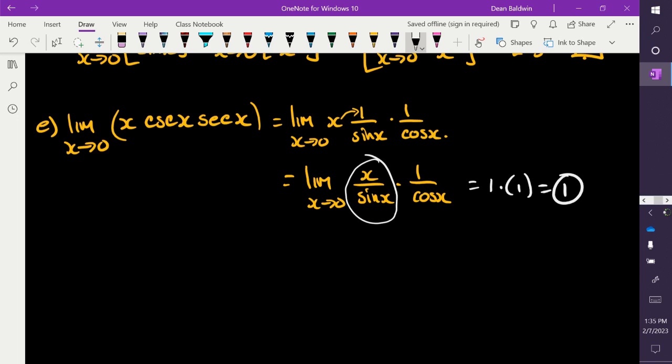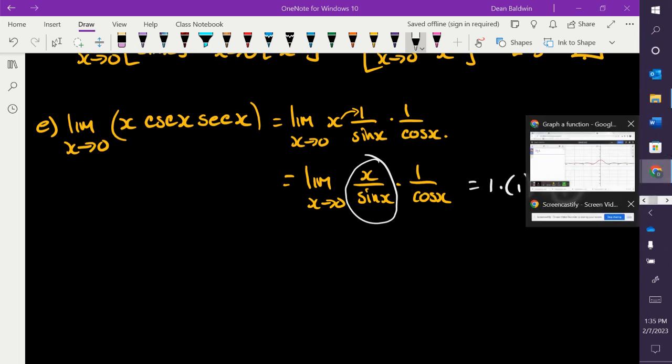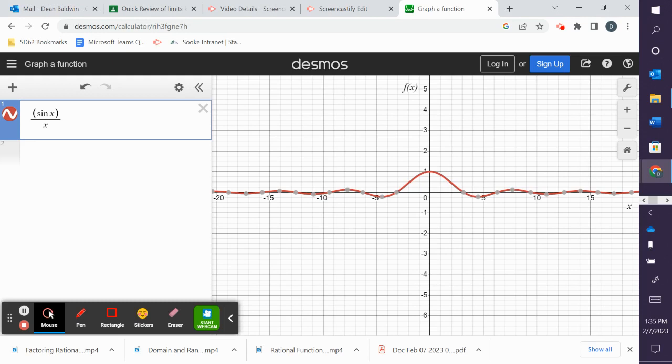Because cosine of 0 is 1. What rule? No, because of the graph. I can show you the proof tomorrow or something, but that's the graph of it. You can see you go to 1.